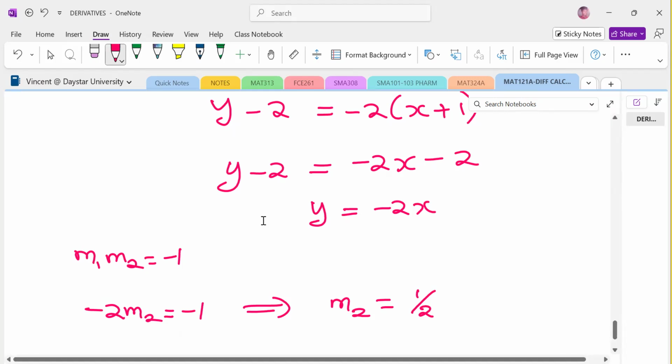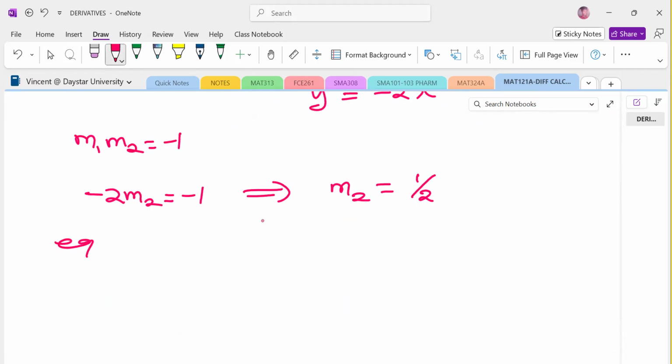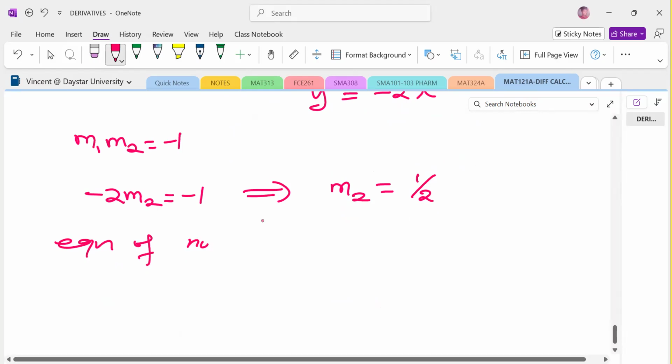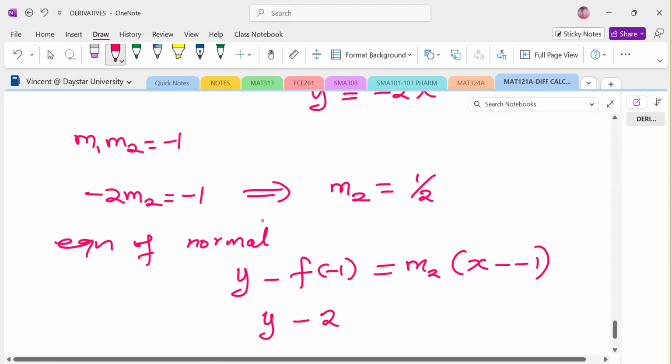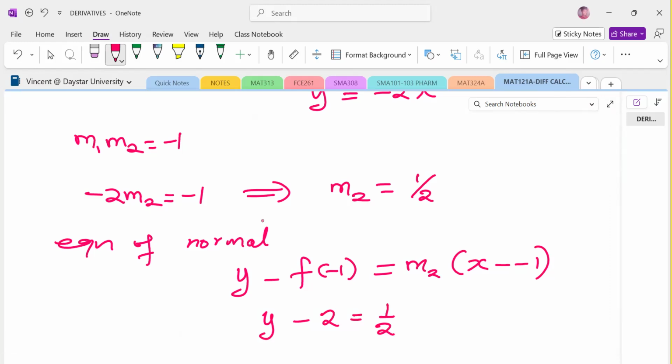So now the equation of the normal will be given by y minus f of minus 1 equals to m2 into x minus minus 1. So we'll have y minus 2 equals to a half into x plus 1.